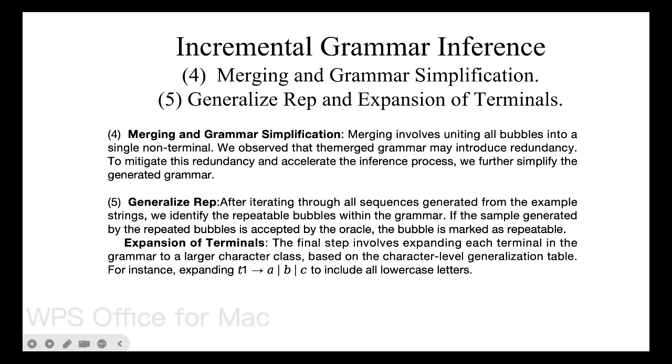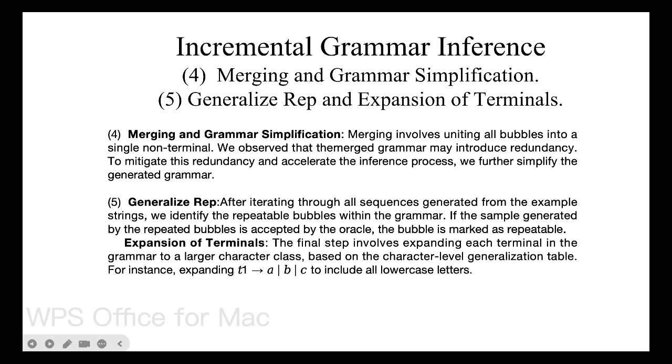Finally, we merge all bubbles and simplify the grammar. After iterating over all sequences generated from the example strings, we identify the repeatable bubbles within the grammar. If a sample generated by the repeatable bubble is accepted by the oracle, the bubble is marked as repeatable.